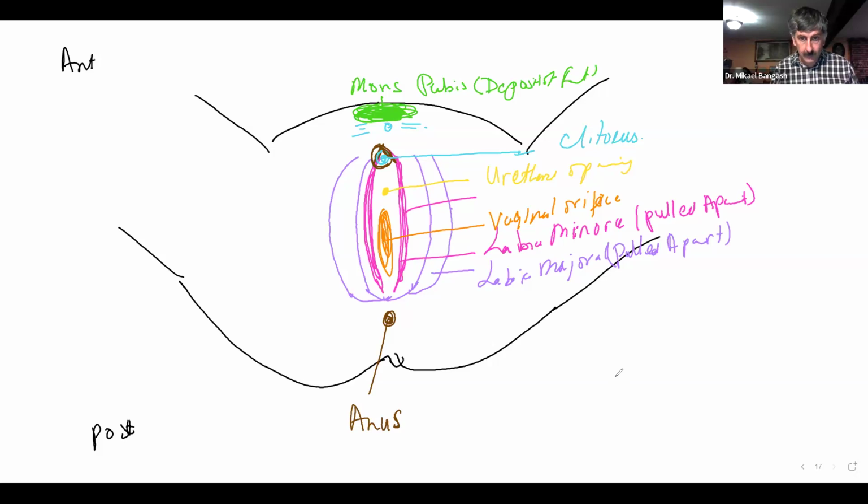If you look at it, we have the clitoris, which will be covered by the labia minora.